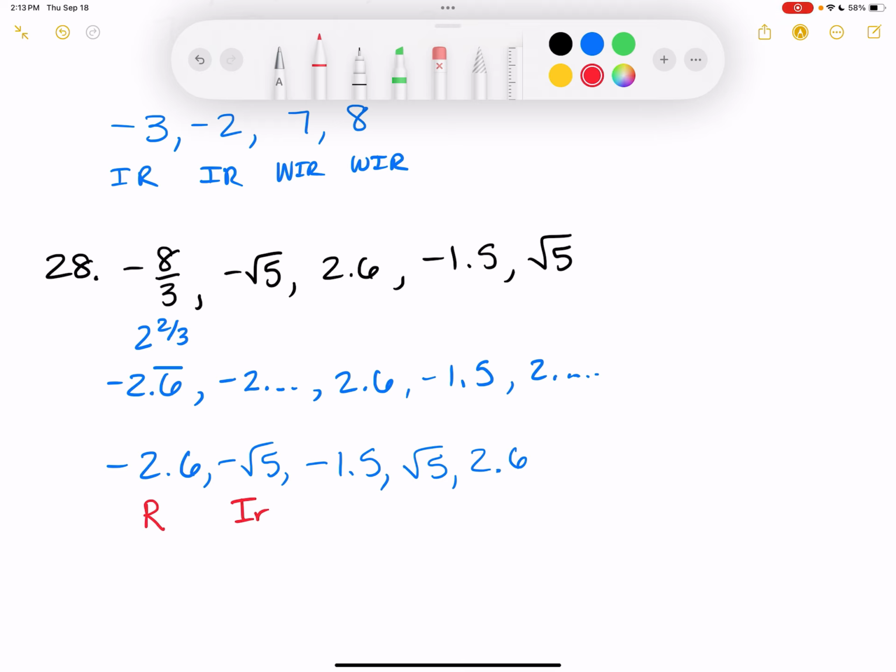Isn't it 2.6 repeating? Well, yes, but it's still going to be rational. A repeating decimal is still rational. But if you want me to put the line over it, I can. All right, what's negative 1.5? Rational. Yep, so I didn't have any whole numbers or integers on this one, right? All right.